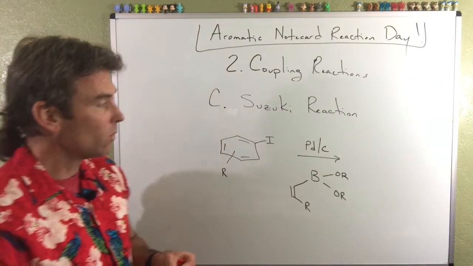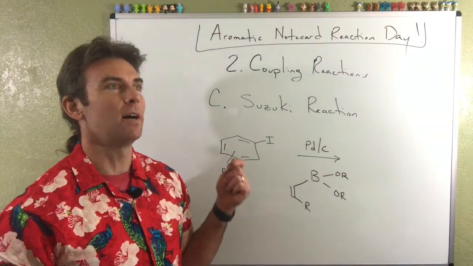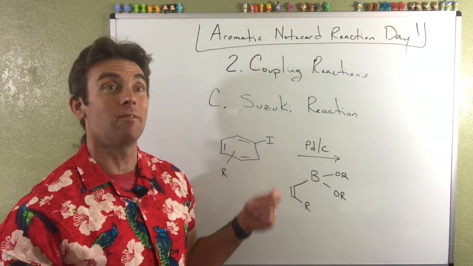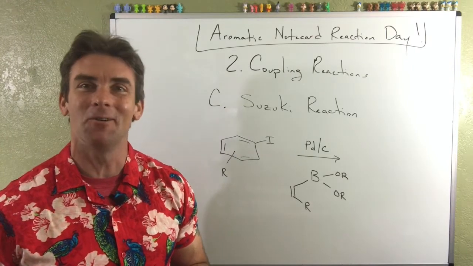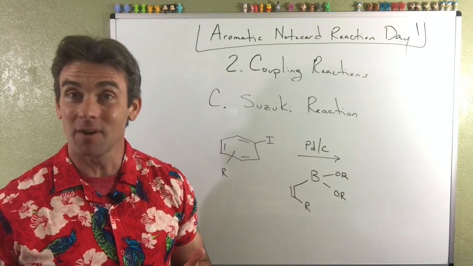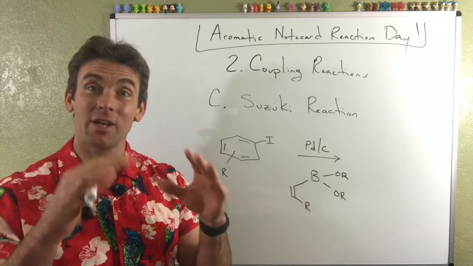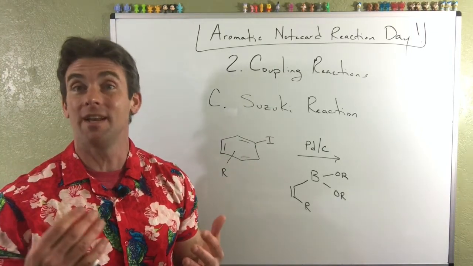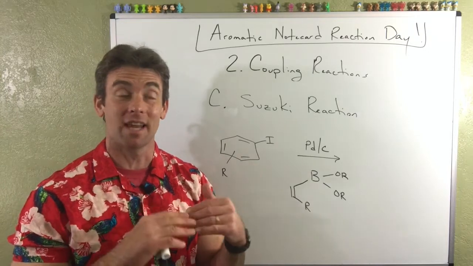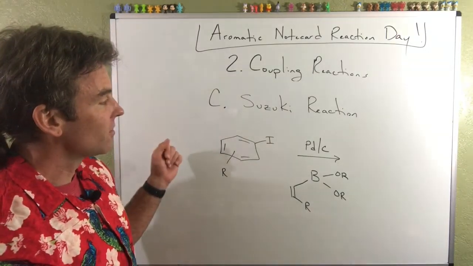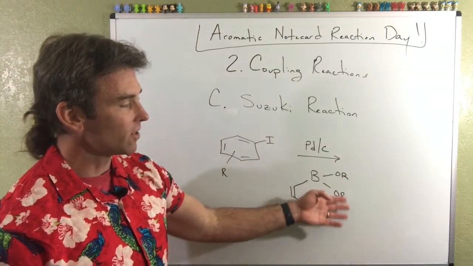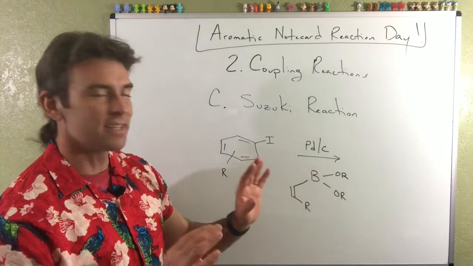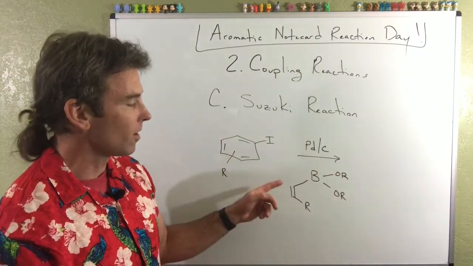Back when we were talking about, let's say, anti-Markovnikov addition of OHs to alkenes, you remember boron is really good at adding to different moieties. In that case, it was actually that double bond. And it turns out that the ester here just moderates the reactivity of the boron.